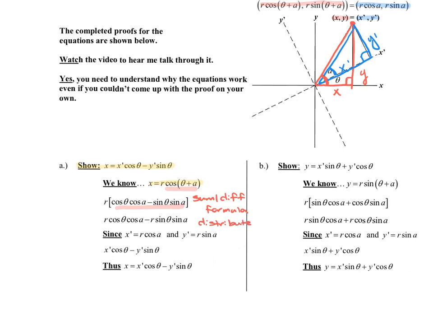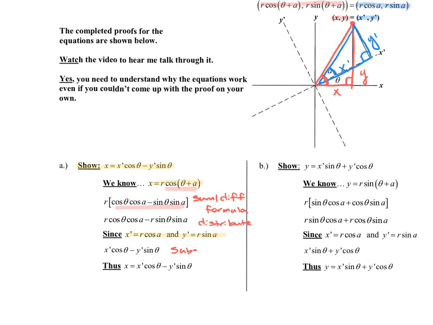Then I used my conversions, the other values that we had up at the top. Remember, these are straight from the top: x prime is r cosine a, and y prime is r sine a. Then we can substitute.